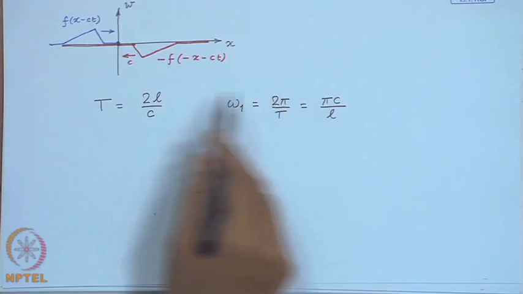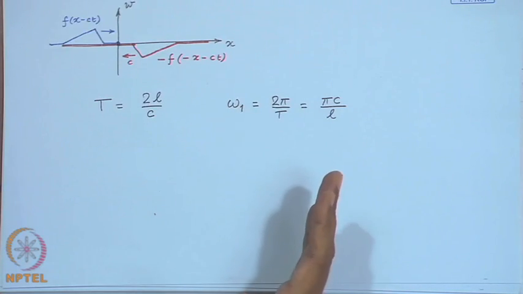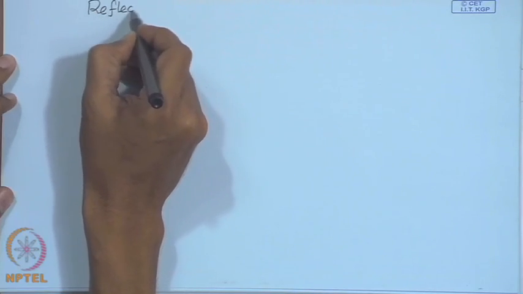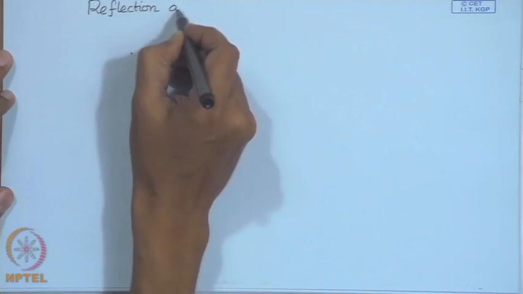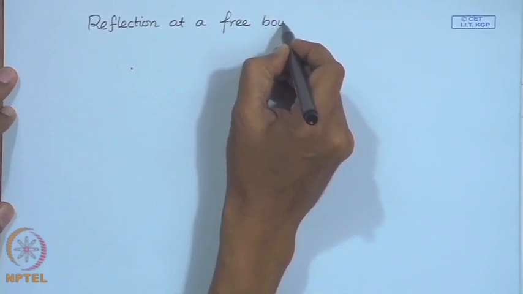So, the frequency of a finite system can be estimated or calculated based on this wave reflection process that we have just studied. For the fixed string we have been able to calculate the fundamental frequency. Now, let us look at this example of reflection at a free boundary.